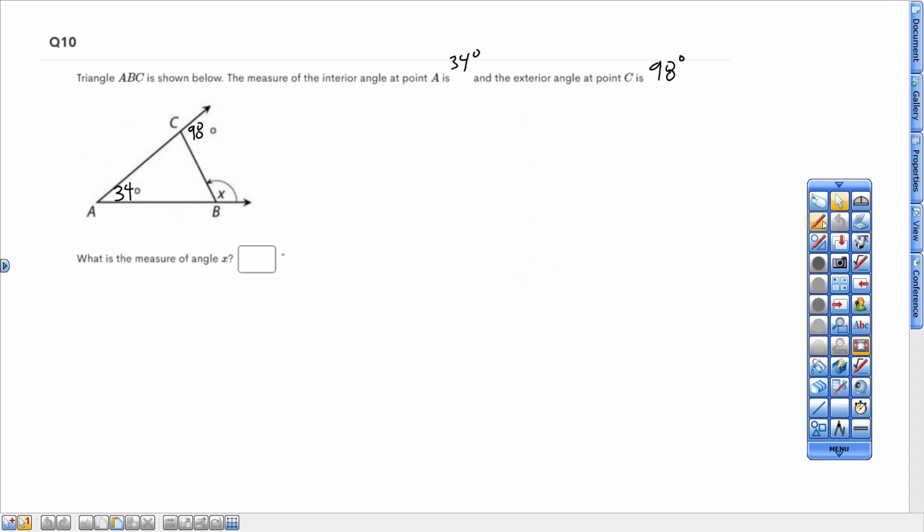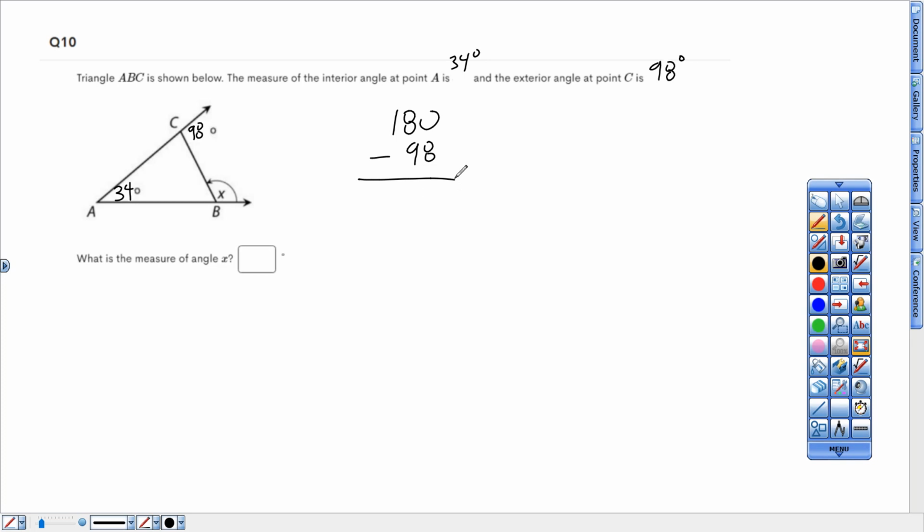Number 10, find this angle first right here by knowing that this 98 plus this unknown angle equal 180. So what you do to find that missing angle, since that 98 and that missing angle equal 180, you take 180 and subtract 98 from it, and it will get you what that angle has to be.